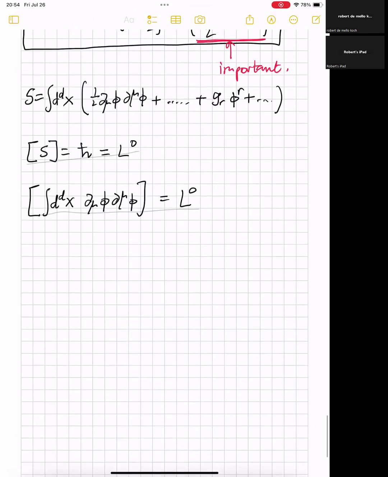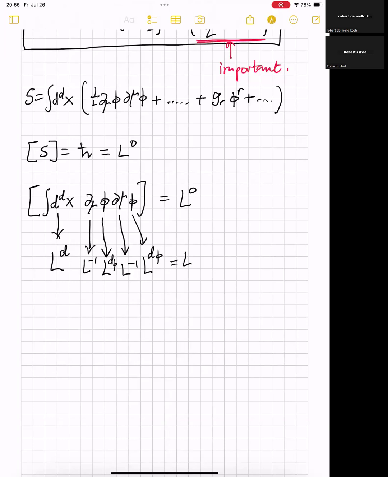So the integral d^d x is going to give us an L to the d. d_mu will give us L to the minus 1. d_mu will give us L to the minus 1. Phi will give us L to the d_phi, and I don't know what d_phi is. And this phi will give us L to the d_phi. So let's try to figure out what d_phi is.